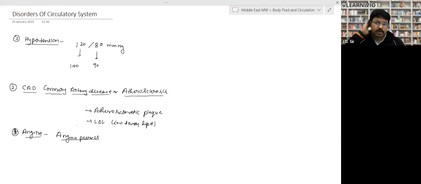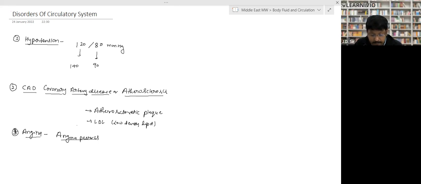The pain starts from the upper side of the shoulder and keeps coming down until it reaches the heart, and that is called angina pectoris. This is the only symptom of angina pectoris. So note it down.